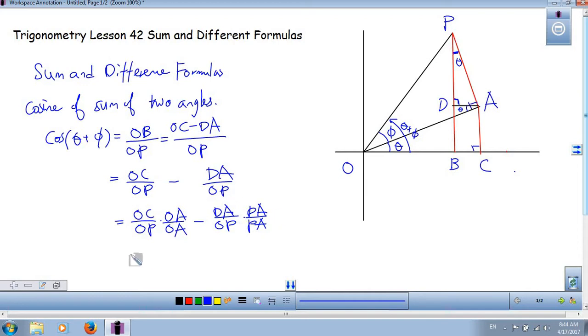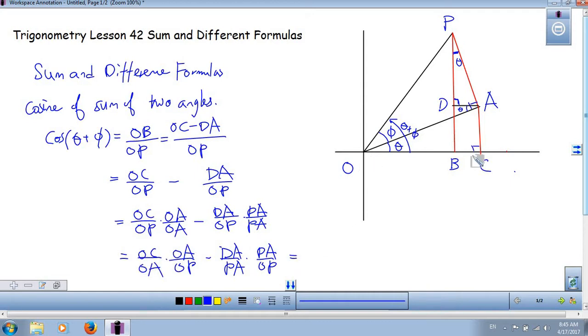So those are very interesting ones. So let's switch them a little bit. Let's do OC over OA times OA over OP minus, let's switch them as well, DA over PA times PA over OP.